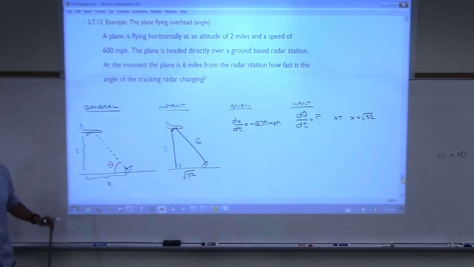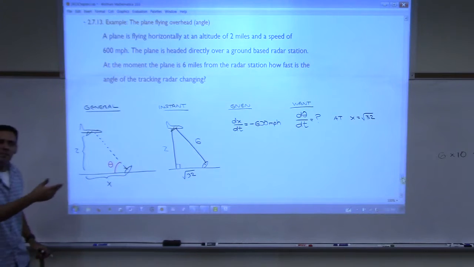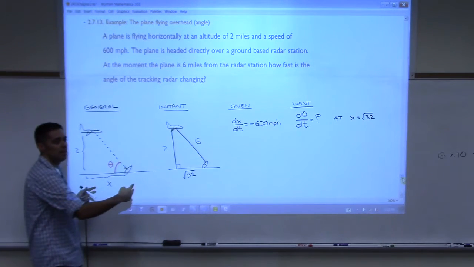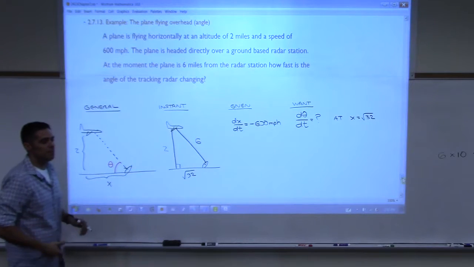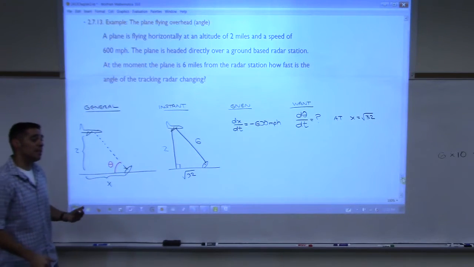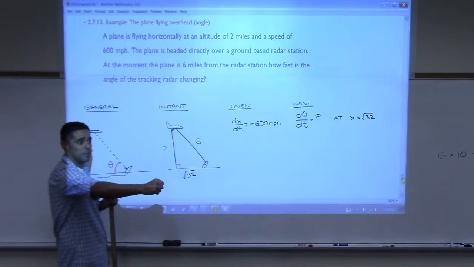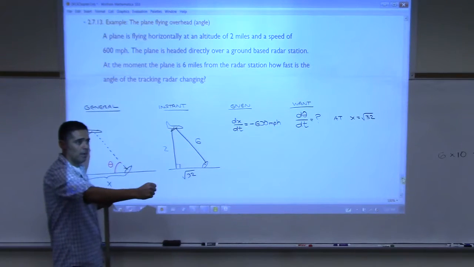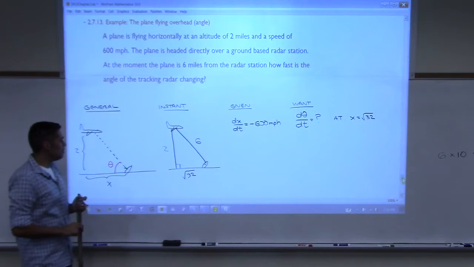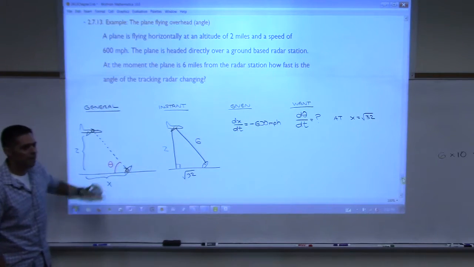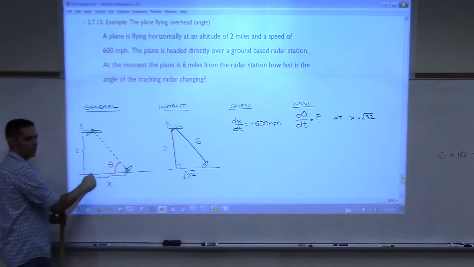And that's why I said a second ago, students will confuse the two and they'll think they're talking about x is 6 instead of the h. It's implied that when we say the distance from point A to point B, we're talking about the straight line distance between them. It's never the distance from here to here.